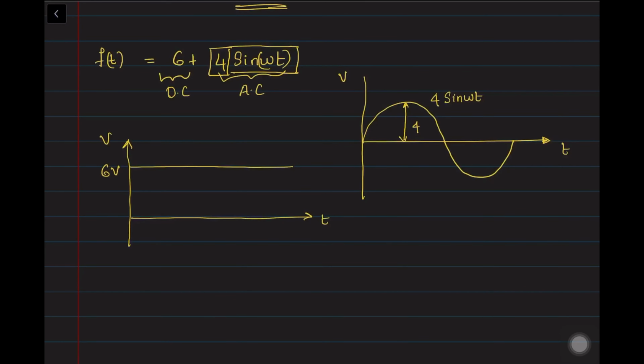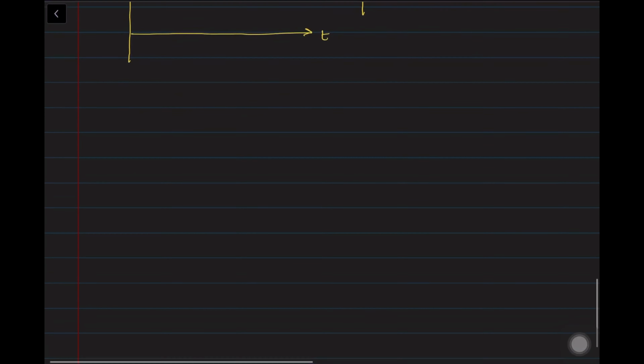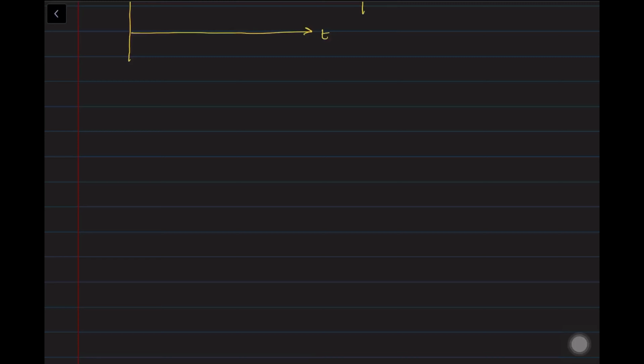That's what I'm going to draw here. And that's where we are studying all these things. Simply studying the functions and its period doesn't make sense. Let me combine these two. So what we are going to do now, we are going to combine AC and DC, and we are going to study how does a graph of 6 plus 4 sine omega t looks like.